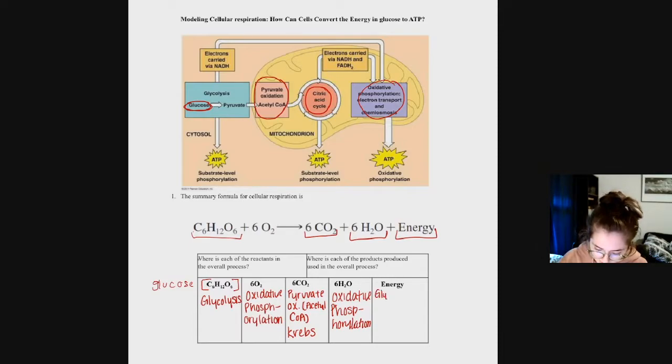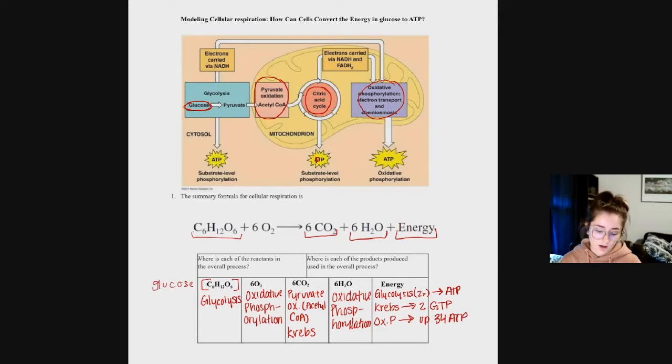From glycolysis, which happens 2 times, we generate ATP, and then from the Krebs cycle, we generate 2 GTP, and then in oxidative phosphorylation, which I'm going to abbreviate as OXP, we can generate up to 34 ATP.